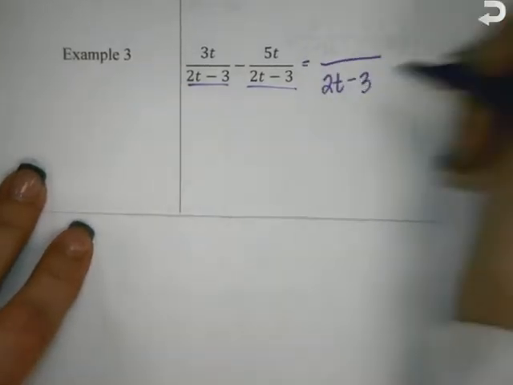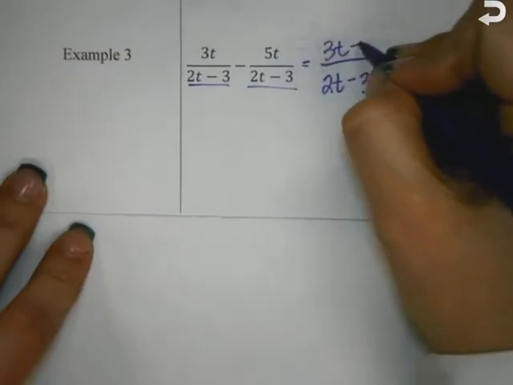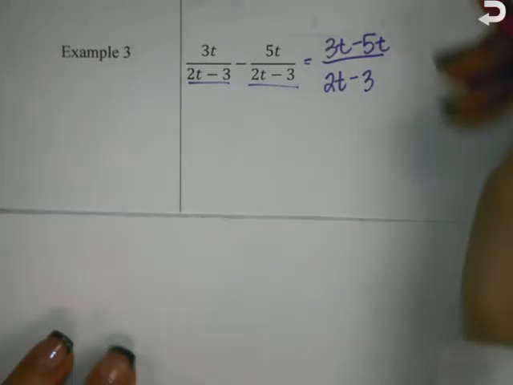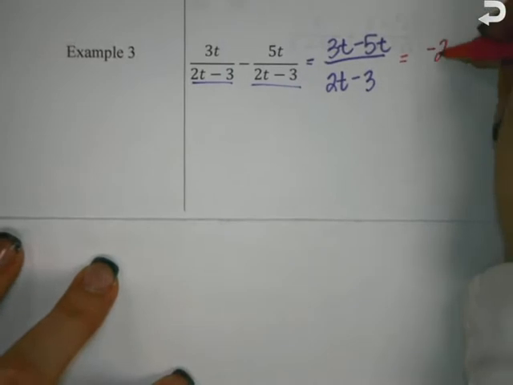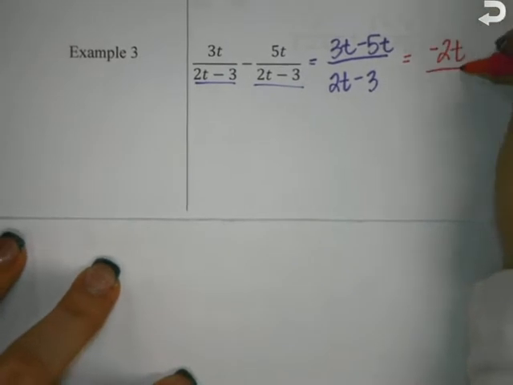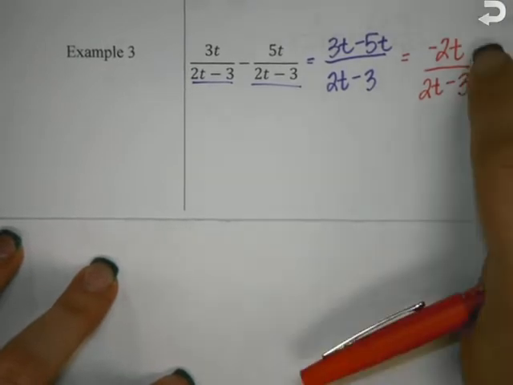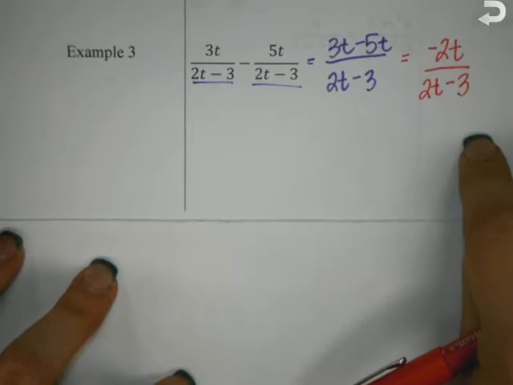In the numerator, we have 3t minus 5t. And what is 3t minus 5t? Negative 2t all over 2t minus 3. Can I factor either of these things? No. Can I cancel anything? No. So we are done.